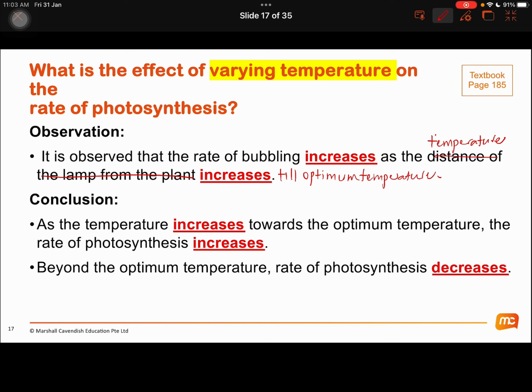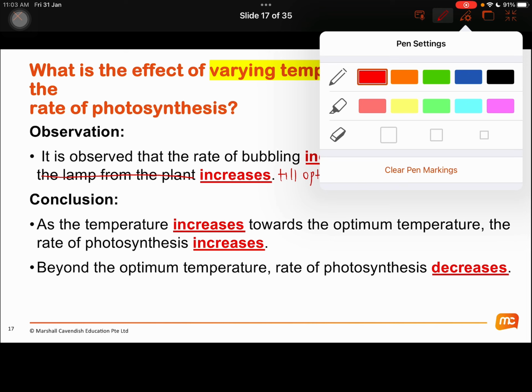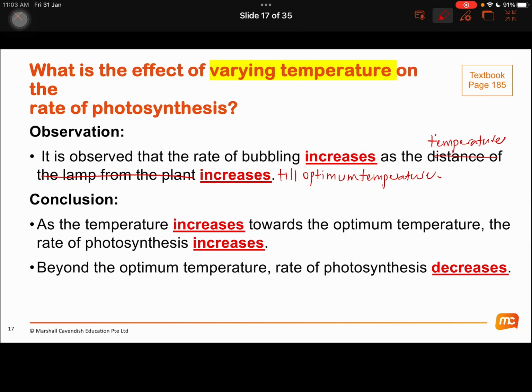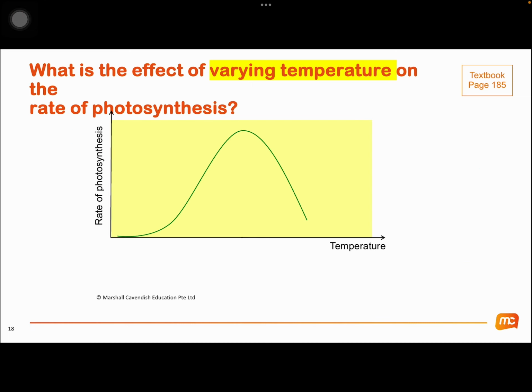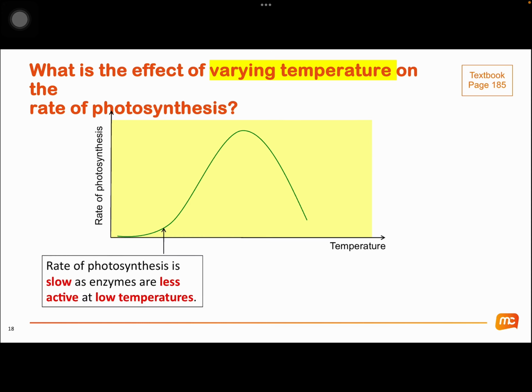Beyond the optimum temperature, photosynthesis will decrease. Pardon the mistake in this slide. So this is how the graph would look.